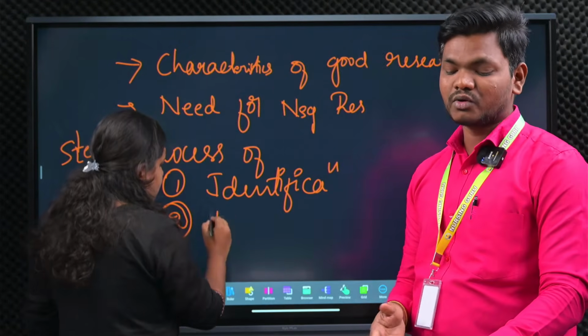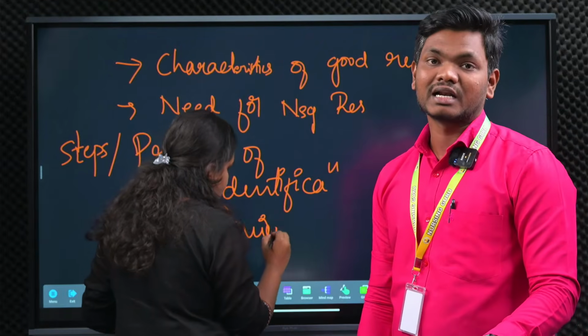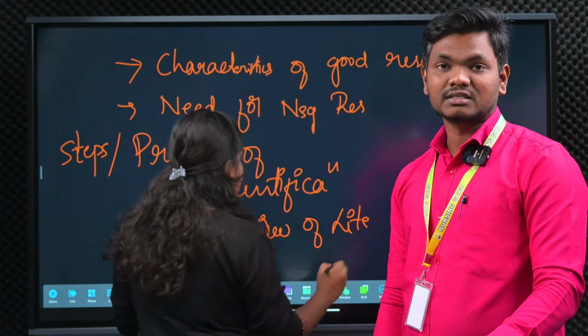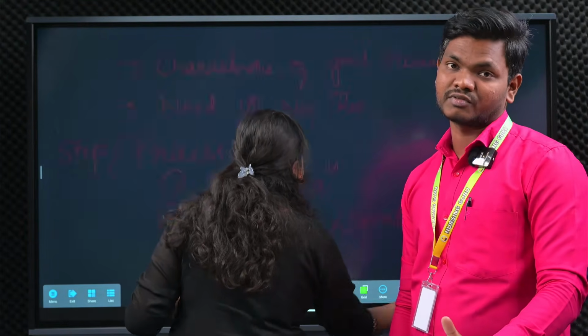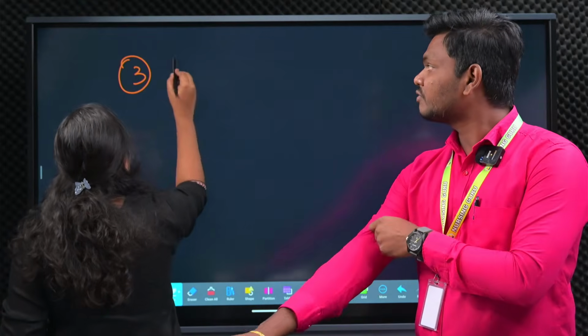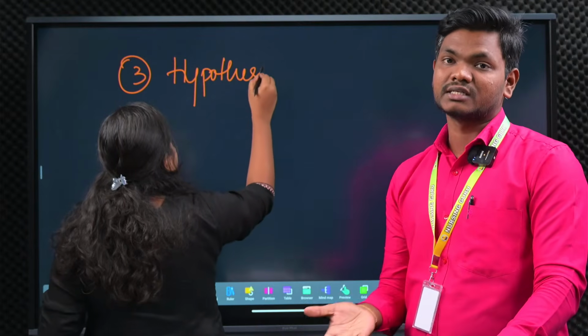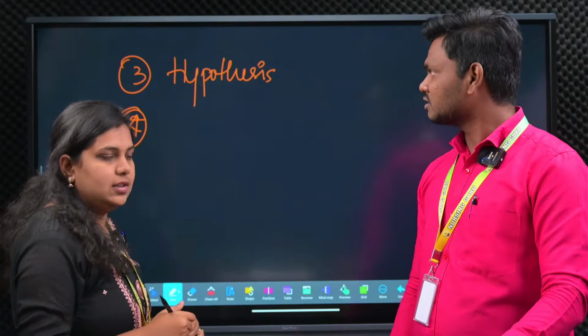The second one is review of related literature. The third step is the formulation of objectives or hypothesis. Formulating the objectives or hypothesis is what you are going to predict in your thesis or research work.